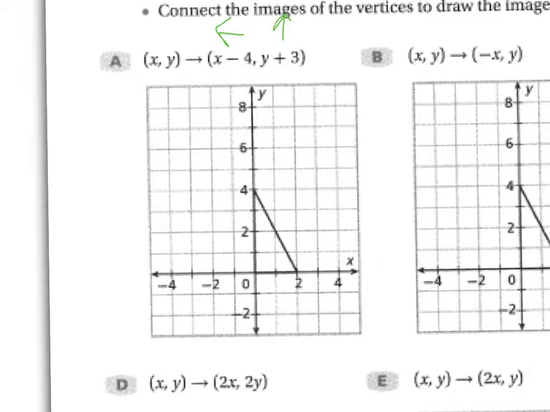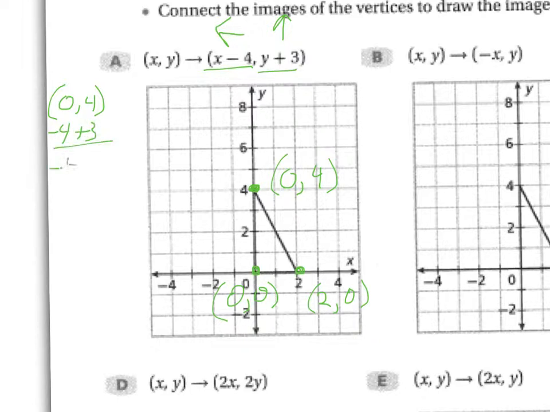Now we could do it that way, or I could find the coordinates of my triangle. For instance, this is 0, 4. We have 0, 0 here, and we have 2, 0 here. And I could say 0, 4, I'm going to subtract 4 from my x, and I'm going to add 3 to my y, which gives me a new coordinate of negative 4, 7.